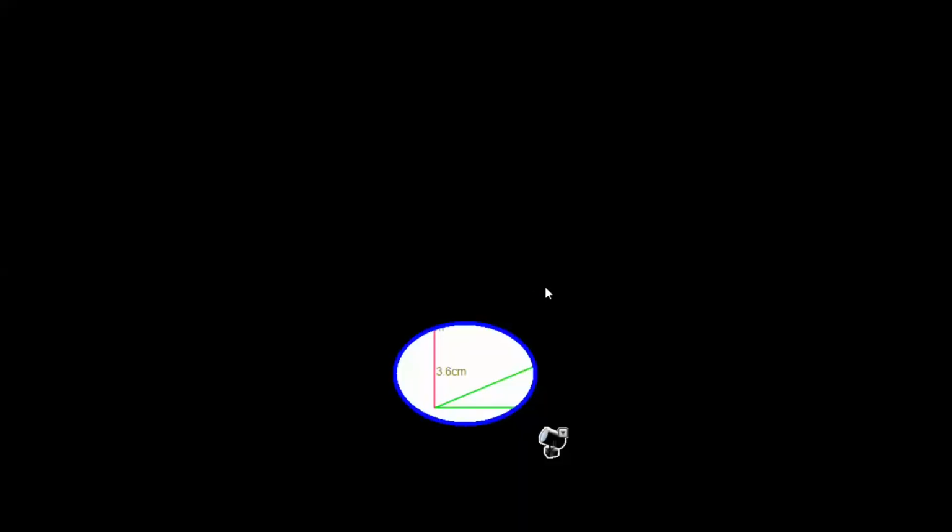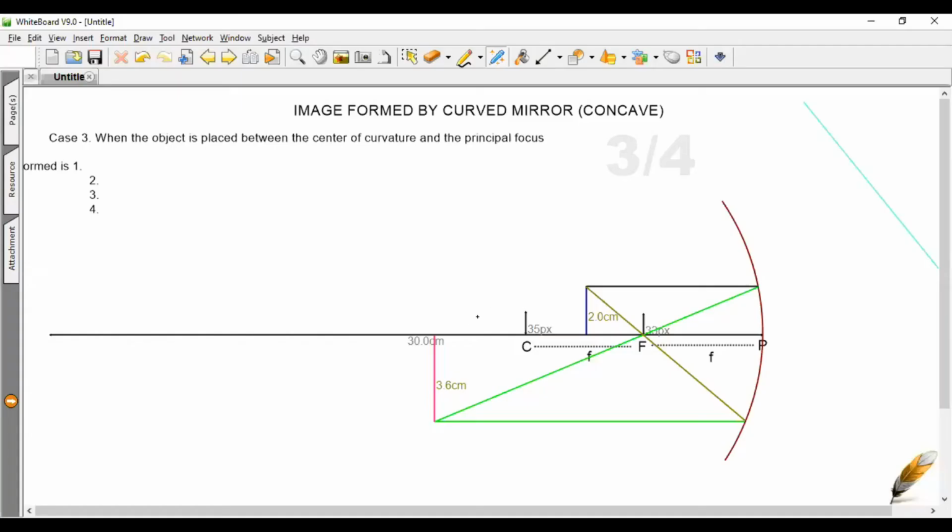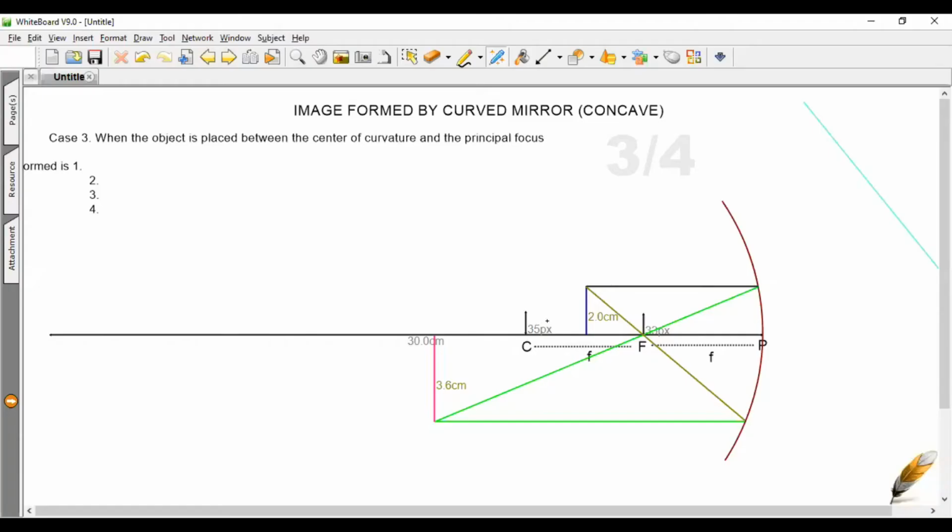Okay, 3.6 centimeter. Yes, that's 3.6 centimeter for the image, and this is 2.0 centimeter for the object. You can see this 2.0 centimeter for the object.